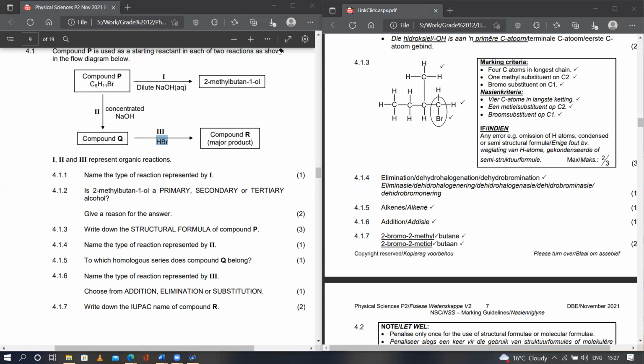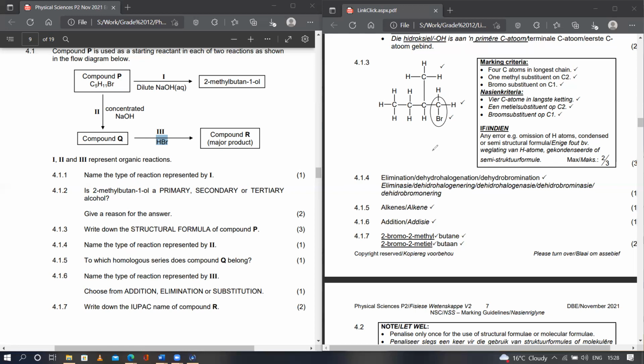So if you remember, when you're adding, it's gonna go to the most stable carbon in a way. So this one only has 2 hydrogens. It's gonna go to the carbon with the least amount of hydrogens. So you understand it now?